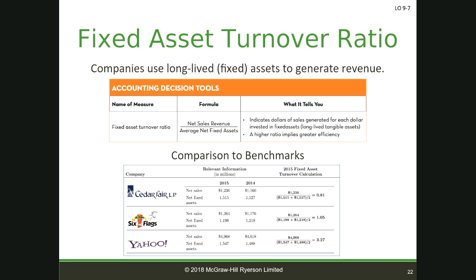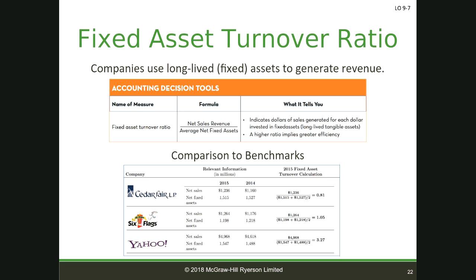Now, with respect to capital or fixed assets, one of the most common ratios is called the fixed asset turnover ratio. So how do you calculate that? It says take the net sales revenue. What is net sales revenue? That's the gross sales revenue minus cash discounts, minus sales returns and sales allowances.